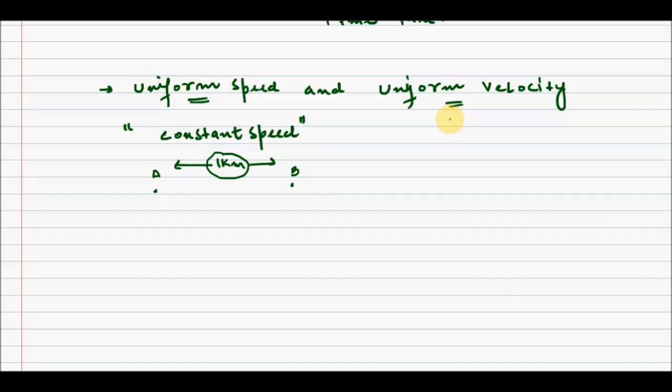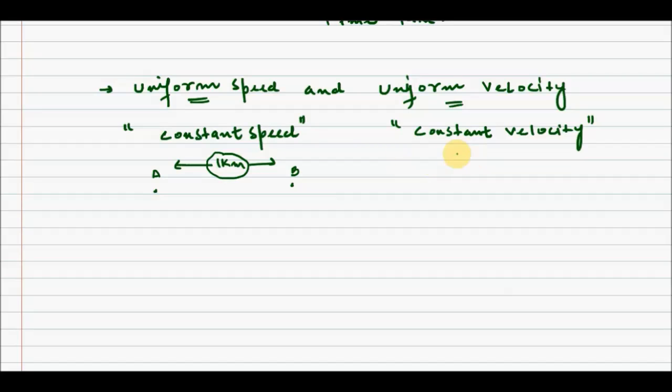For an object to have a uniform velocity, it should have a constant velocity. That means it should have the same magnitude as well as the same direction during its entire motion.